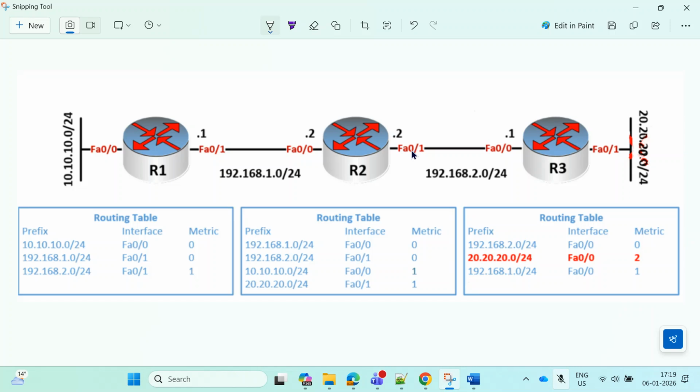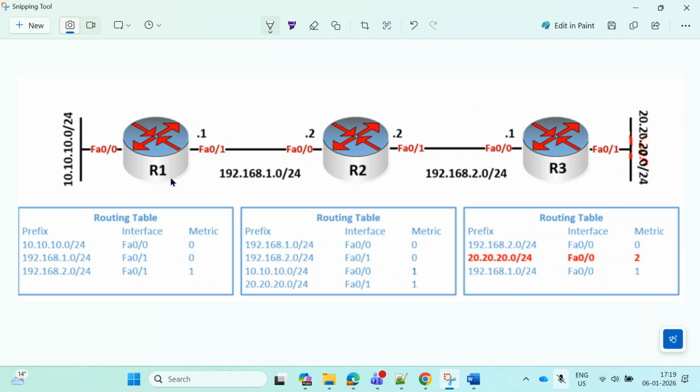The same thing is happening for 20.20.20. It is advertised to R2, but from R2 to R1 it is not going to be advertised due to the split horizon rule. And what is the solution for this problem when someone wants to advertise the route 10.10.10 to R3 and 20.20.20 to R1?